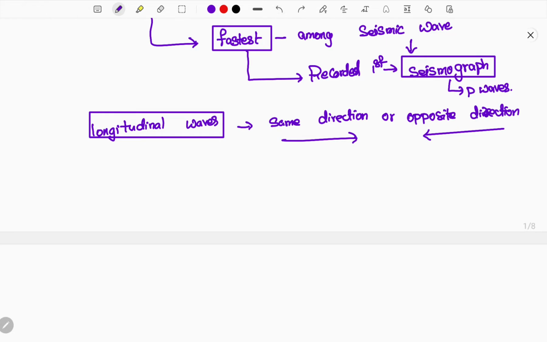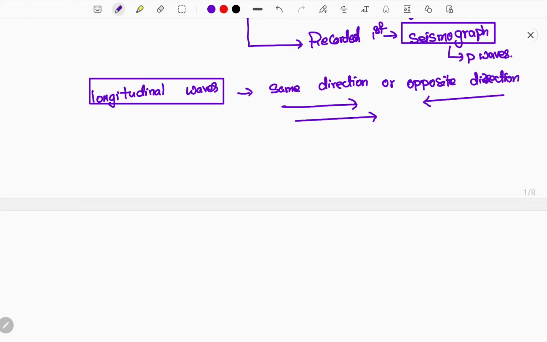It can travel in multiple directions, but the same direction, or parallel to that in the opposite direction, not on the same line. So why P waves are called longitudinal waves is that they travel in a straight line, but in one direction. Okay guys, you would have had clarity in that. And that one direction, when definition oriented, is called the direction.